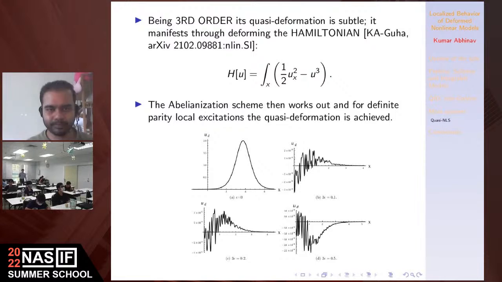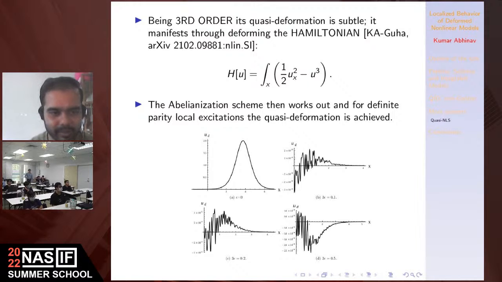Okay, but the problem is that it's a third order differential equation, so there is no notion of potential as such, and there is no notion of kinetic part and potential part. So the interpretation that we introduced is that you don't deform the potential, rather you deform the Hamiltonian, because still you can define a Hamiltonian.